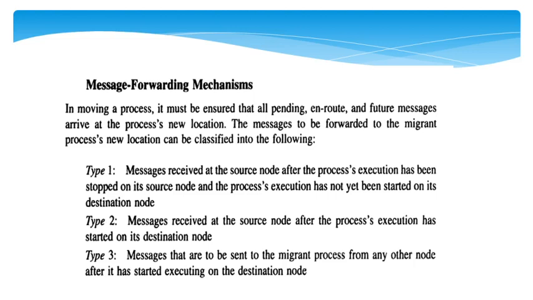Messages which are sent to the migrant process from any other node after it has started executing on the destination node. So these are the three messages that need to be forwarded for a migrant process to a new location.